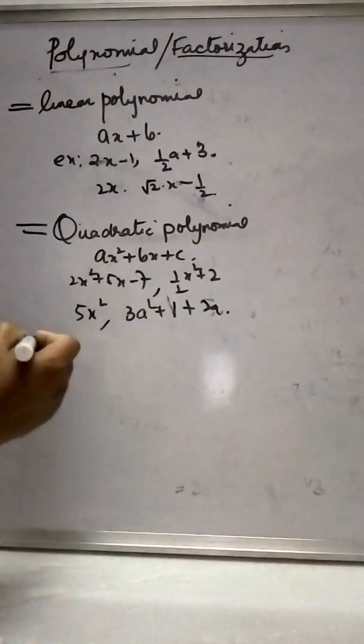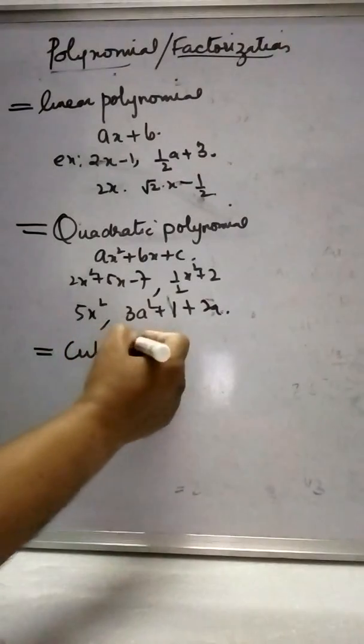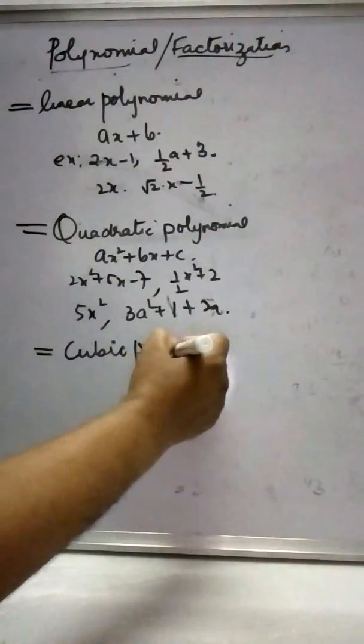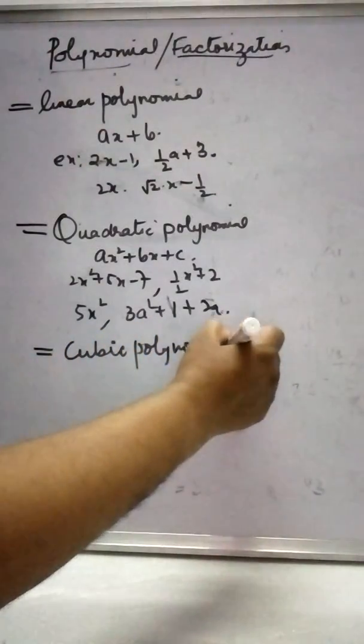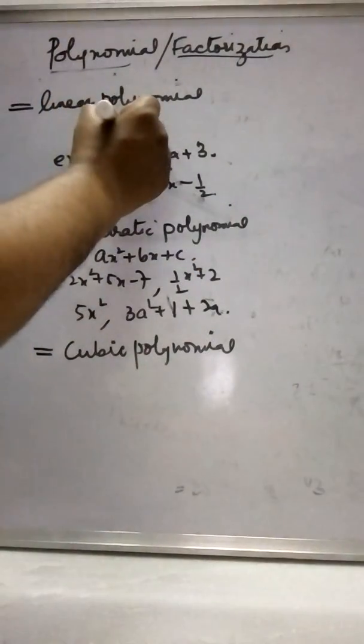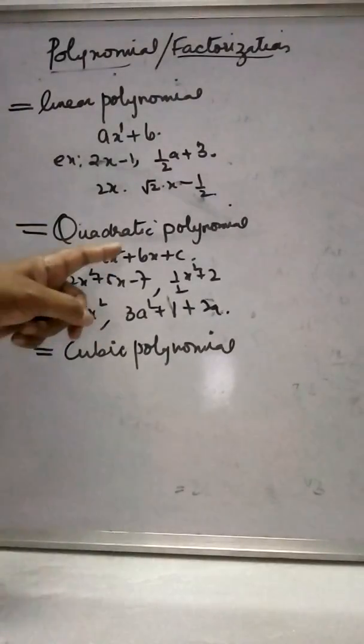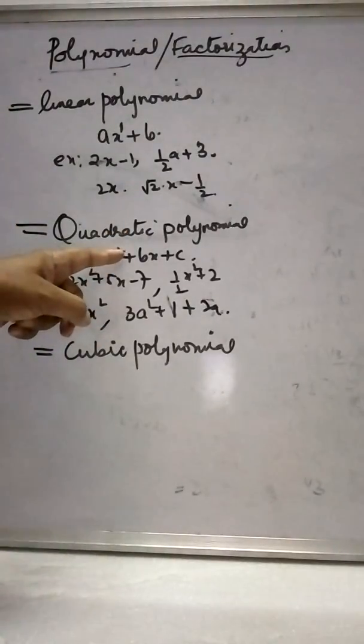Then next one we can say is the cubic polynomial. One thing I forgot to tell you: in a linear polynomial, the degree of the polynomial will be 1. The degree of the variable should be 1, then only we can say it is a linear polynomial. In a quadratic polynomial, the degree of the polynomial will be 2.